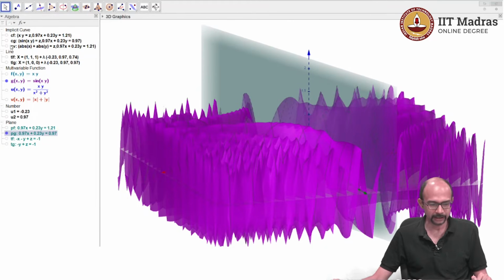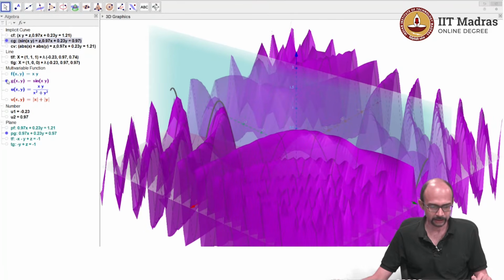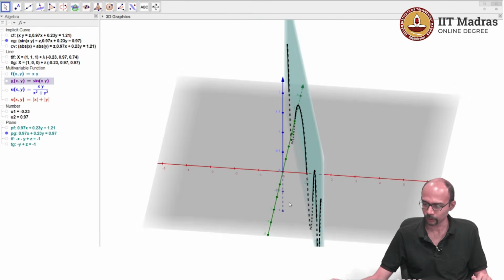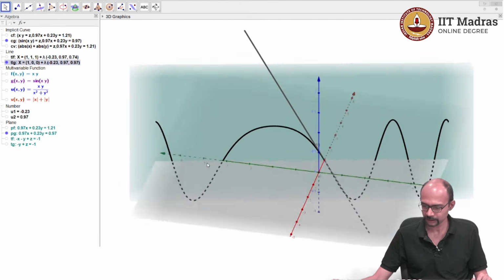Now let us see what the intersection of these two is. That gives you the following curve, and I will remove this graph so you can see the curve. We have seen this curve before as well. This is the curve passing through 1 comma 0, and now we can ask what is the tangent to that. If you look at the tangent, here is how the tangent looks.